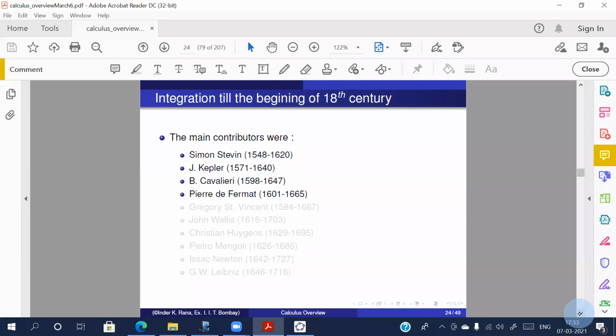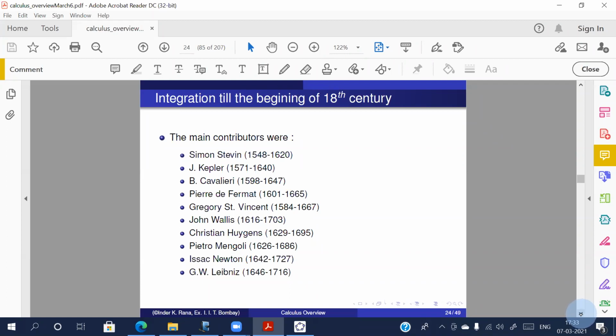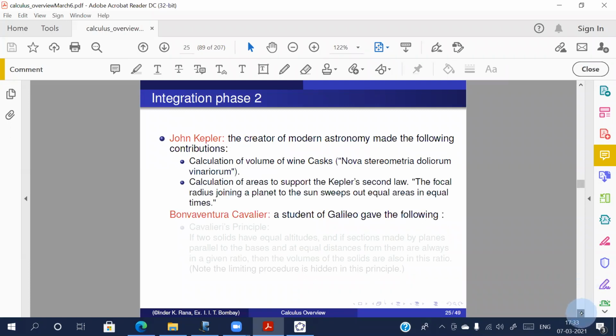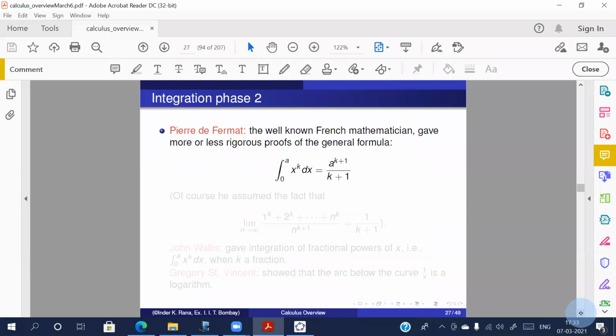Of course, the famous Fermat worked on these things. Gregory, we have the trigonometric series also, John Wallis, Christian Huygens, the physicist, and this is slightly unknown, Pietro Mengoli, and then of course Newton and Leibniz. So let me say a few words about them. I'll skip Kepler and others because we don't have time.